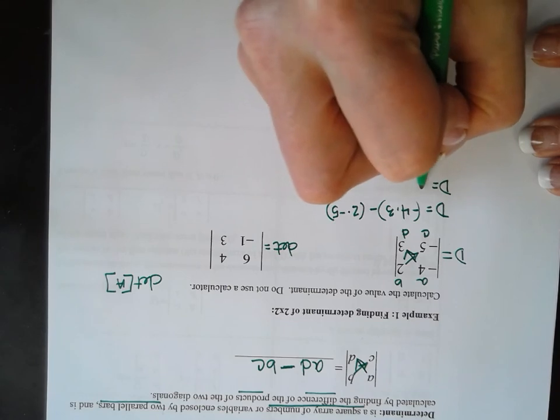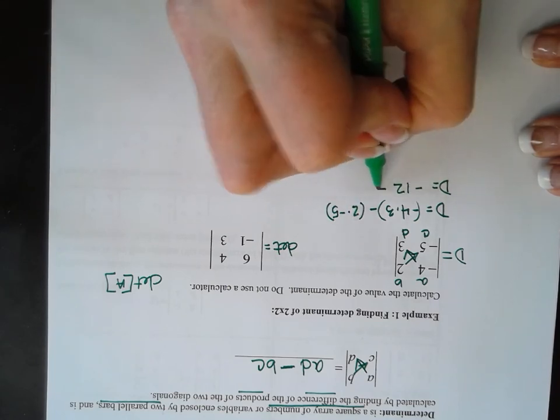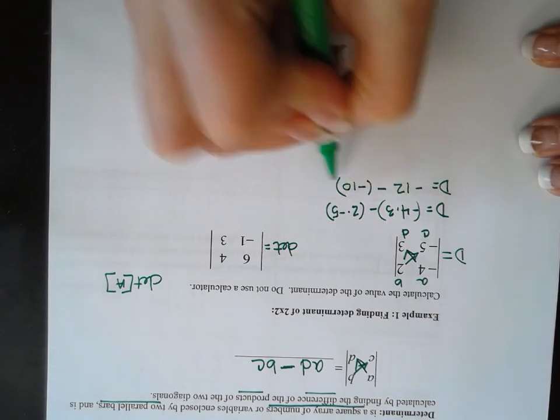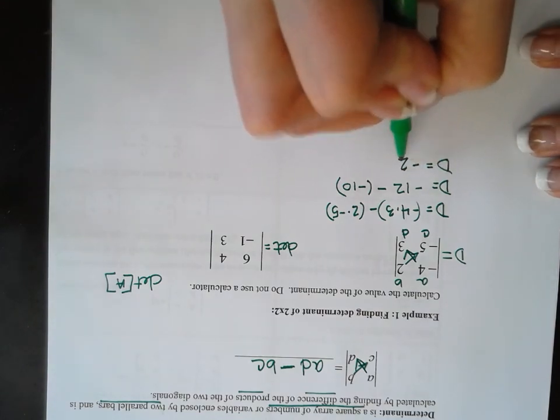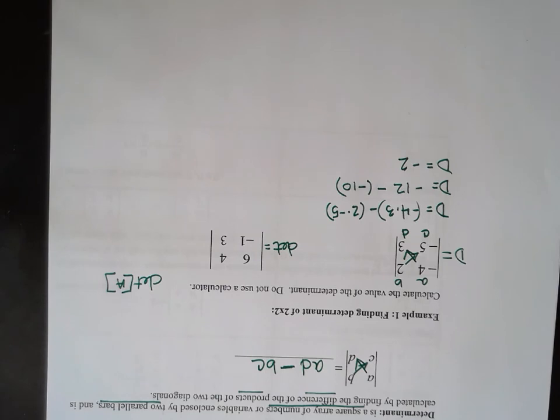And so we get -12 minus -10. And so our determinant is -2. That really is how easy it is. Easy peasy, right? Once you do a couple of them, it'll take you more time to enter the information in your calculator than it would to just calculate it in your head.